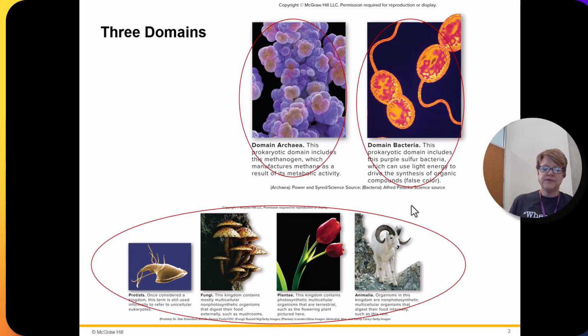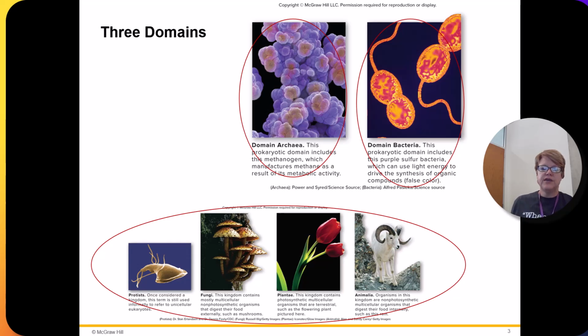Now, the other group is called domain Eukarya. Eukaryotes are organisms that have a nucleus, DNA enclosed in a nucleus. We'll talk about what the nucleus is later. But that grouping is called Eukarya.